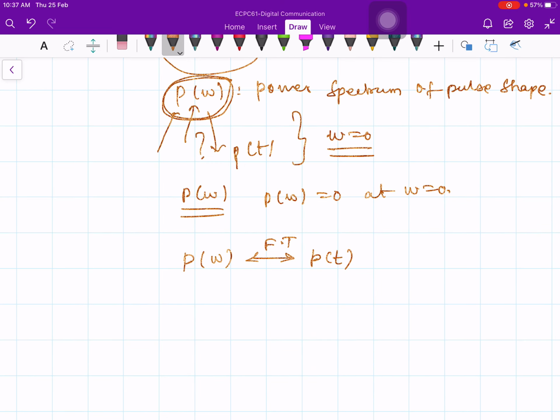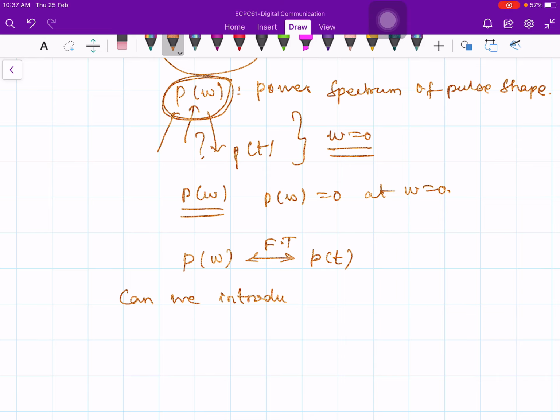Therefore, the question one can ask is, can we introduce a spectral null by controlling P of omega? The answer is yes. How will you do this? By using the Fourier transform pair.